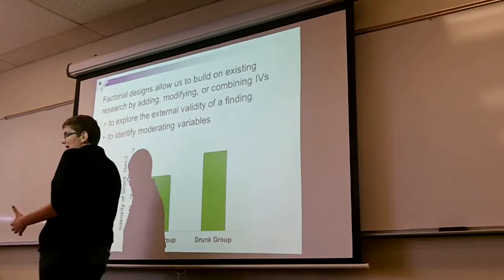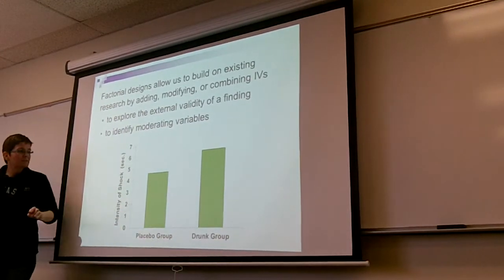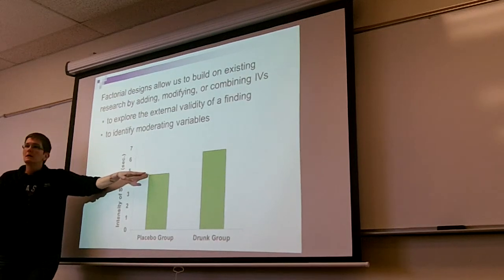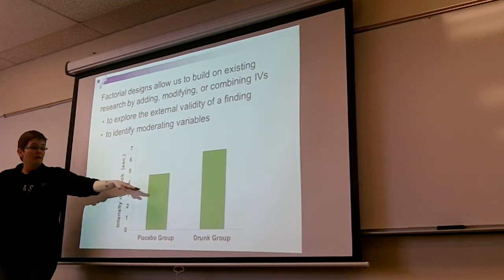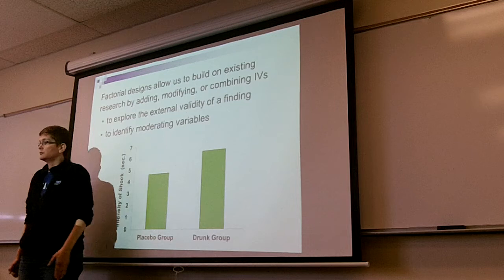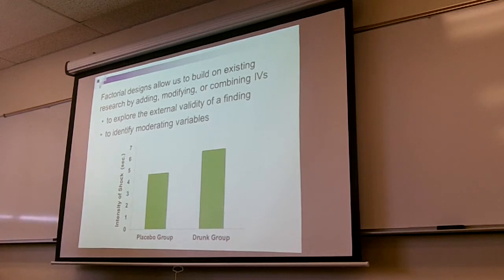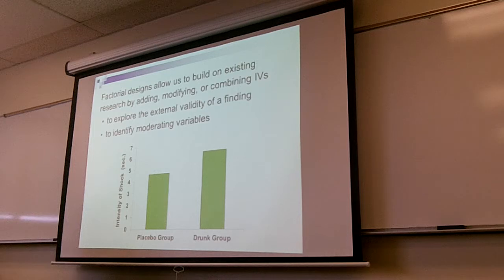So what we see is that people in the placebo group administer less shock than people in the drunk group. So you might say, hey, drunk men are more aggressive than sober men. Okay.